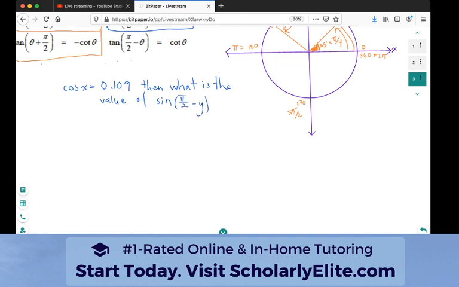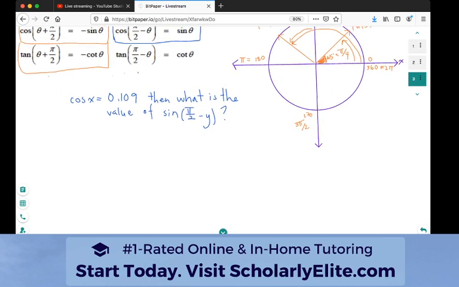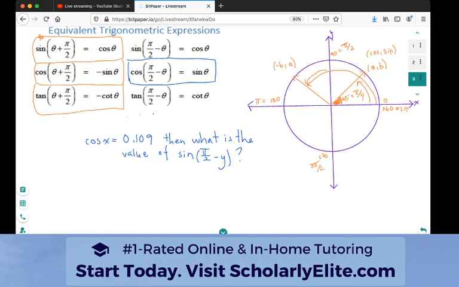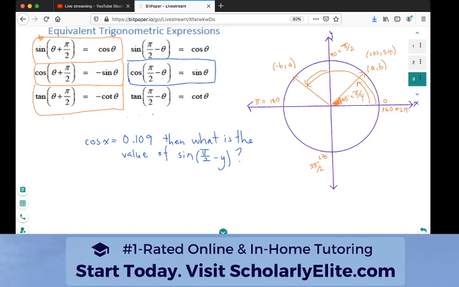Well, before we answer this, and actually let me put a question mark there because that's going to bother me. Before we answer this, let's kind of look at what we're looking at in terms of the equations. So we've got cos of x, which if we look here, this one here, which is equal to sine pi by 2 minus y.